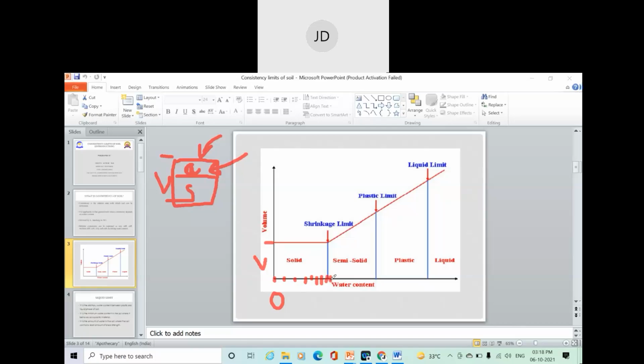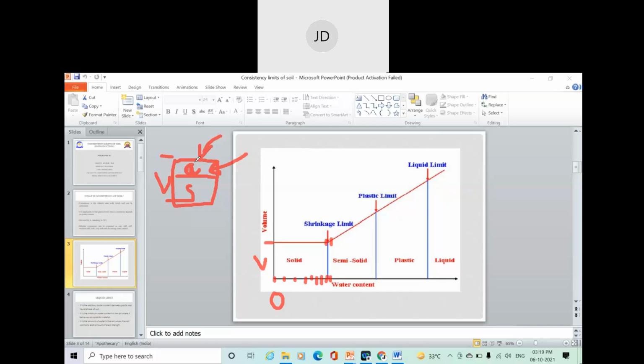Your total volume gets increased. That means up to this point the whole voids are filled up with water, so the soil is saturated. There is no space for water anymore.